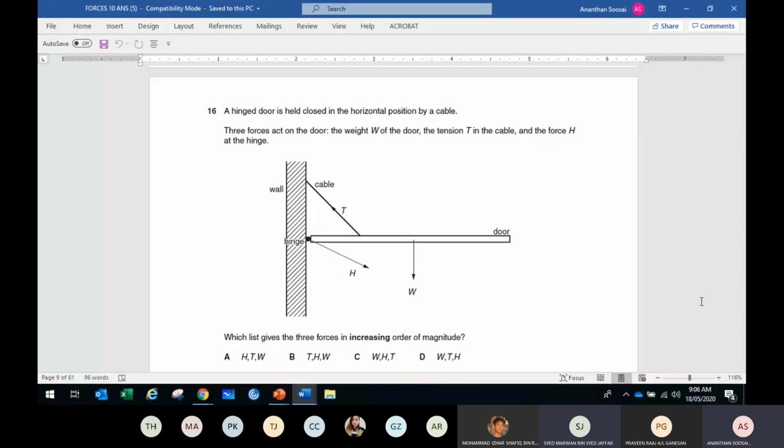Okay, so figured it out. Just send me the answer.